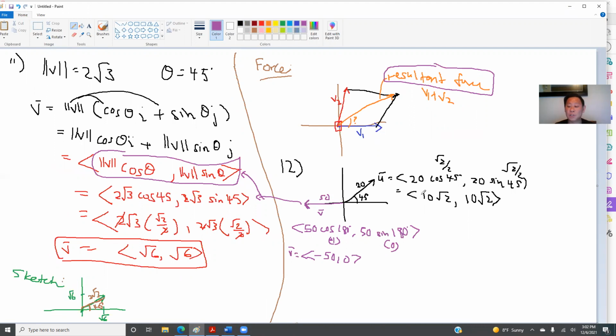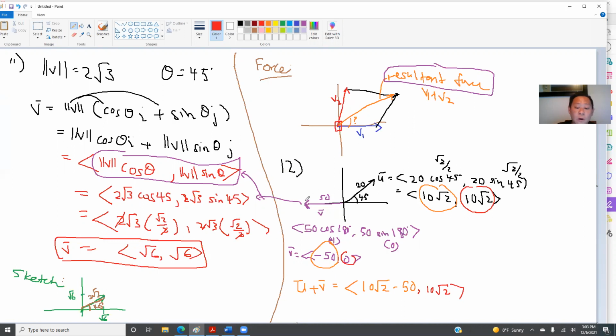Now we know vector U is this, vector V is this, and now we want to do the resulting. Resulting means you add them. When you add, you take your first component and add it, so it will be 10√2 minus 50. Then you take your second component and add it, so 10√2 plus 0, which gives 10√2.